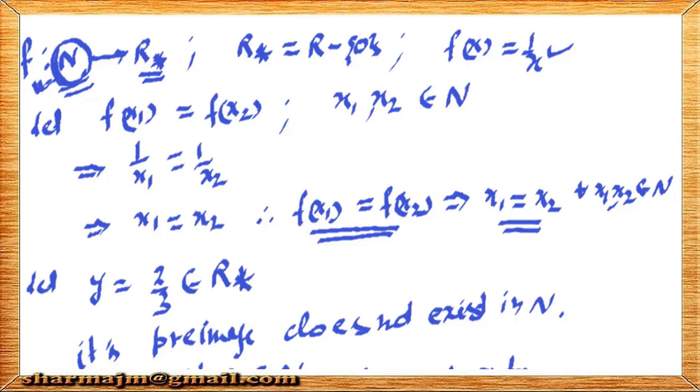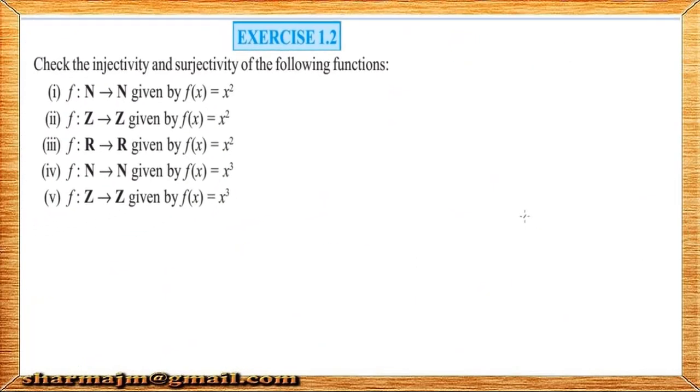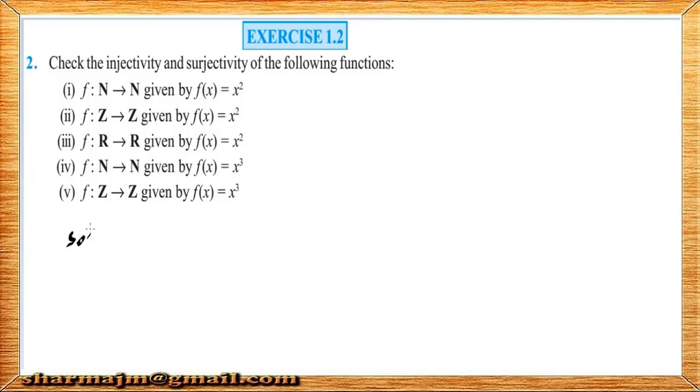Now we have question number 2. Solution. In the first part of question number 2 of exercise 1.2, f is a function from the set of natural numbers to the set of natural numbers such that f of x is equal to x square. Now we have to check this function for injectivity and surjectivity, that is for one-one and onto.